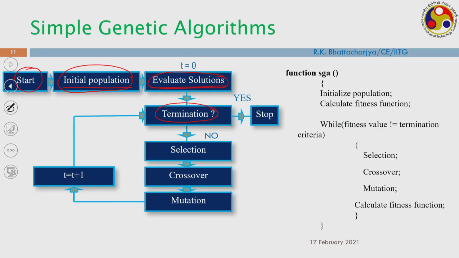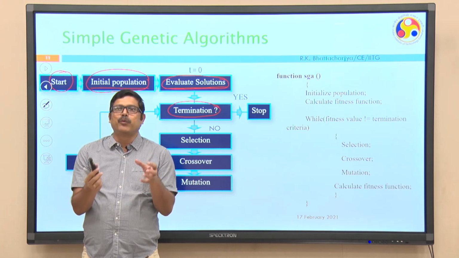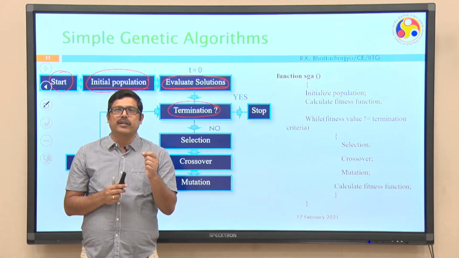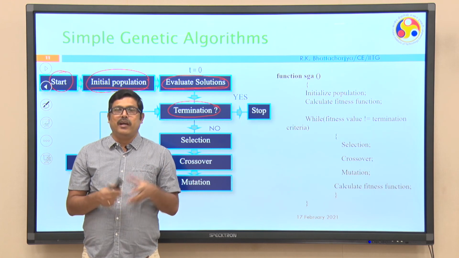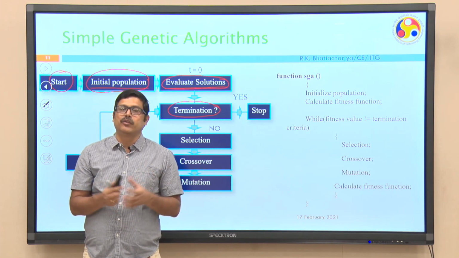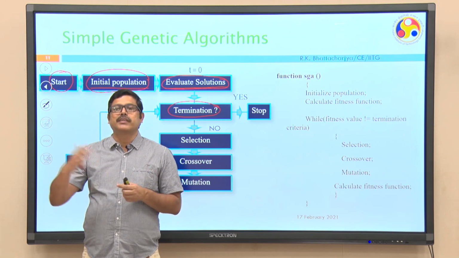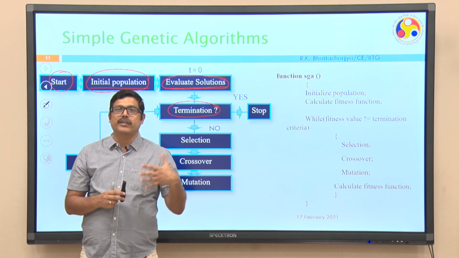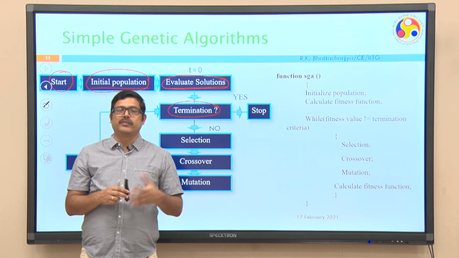Apart from iteration, there may be other termination criteria. You have a population of solutions, and there is a best solution in that population. You have 50 solutions, and out of 50, one is the best solution. Now, suppose this best solution is not changing for 10 generations, or for 50 generations.